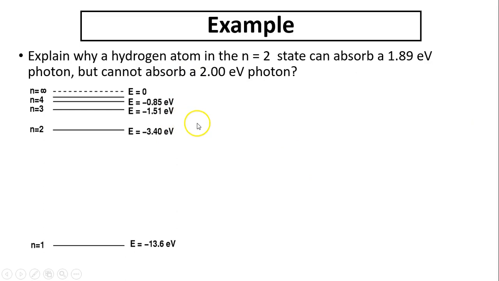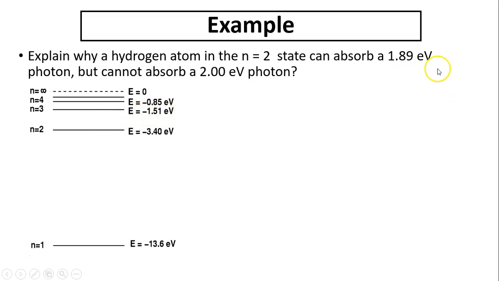Let's take a look at an example. Explain why the hydrogen atom at n equals 2 can absorb a 1.89 electron volt photon, but not a 2 electron volt photon. Let's see, energy at n equals 2 is negative 3.4. If you absorb 1.89, negative 3.4 plus 1.89 gives you negative 1.51.